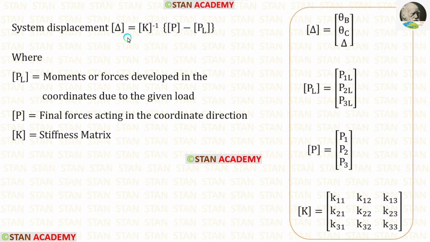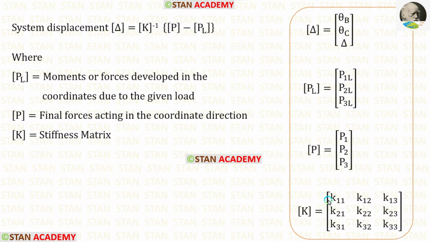Now let us see the formula to find the displacements. Delta matrix is equal to K matrix inverse into P matrix minus PL matrix. In these three matrices, we will have three values because in this analysis there are three coordinates.